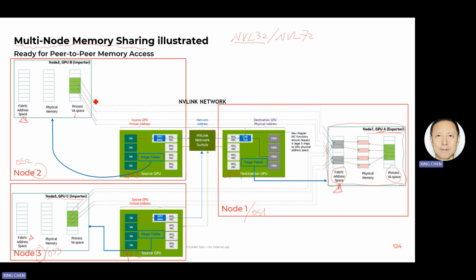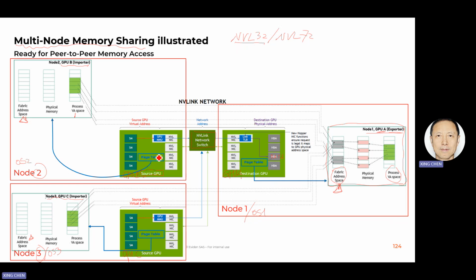Okay, so at some point, let's see this GPU, it needs to access this memory. There are some data here that GPU B needs to read from GPU A.